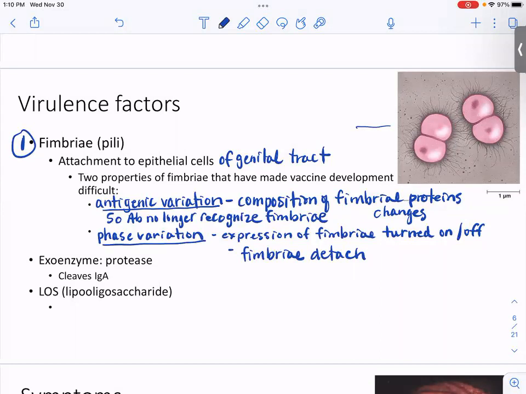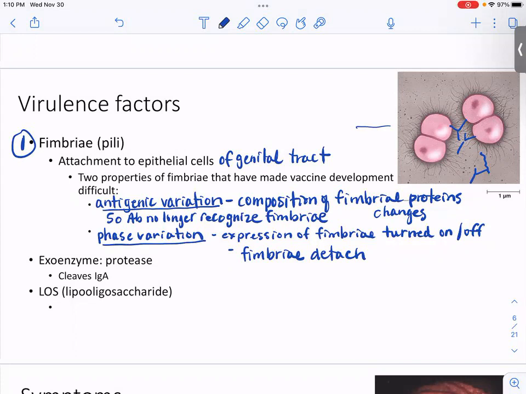Imagine the scenario. You would maybe take off your hat and throw it down so the polar bear would maybe stop to smell the hat, right? So this is exactly the same thing. The organisms can detach their fimbriae so that the antibodies we make will stick to that instead of the organism, and maybe agglutinating those cells together. So the antibodies are not going to be helpful to do the agglutination or to keep the fimbriae from attaching. Okay, it follows the fimbriae off somewhere.